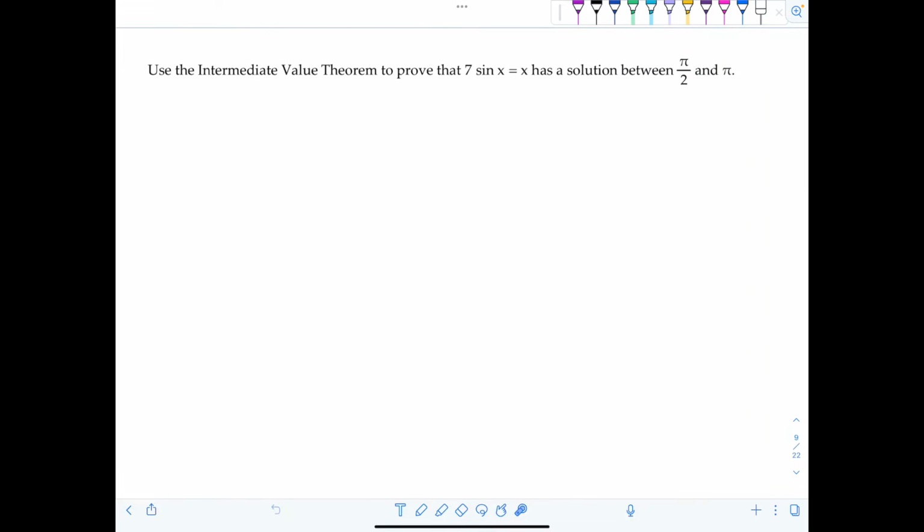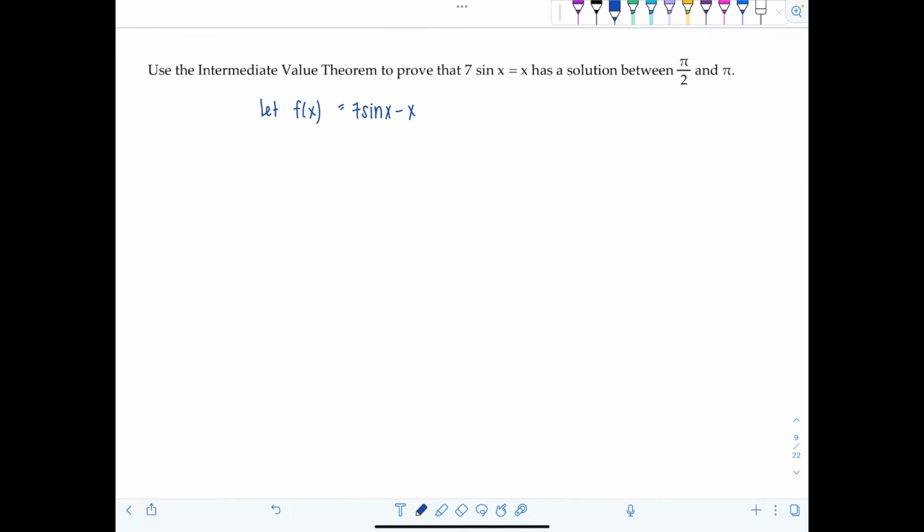Use the intermediate value theorem to prove that 7 sine x equals x has a solution between pi over 2 and pi. So if I want to use the intermediate value theorem, first and foremost, I need a function. So let's let f of x equal 7 sine x minus x. And we need to make sure we're even allowed to use the intermediate value theorem.